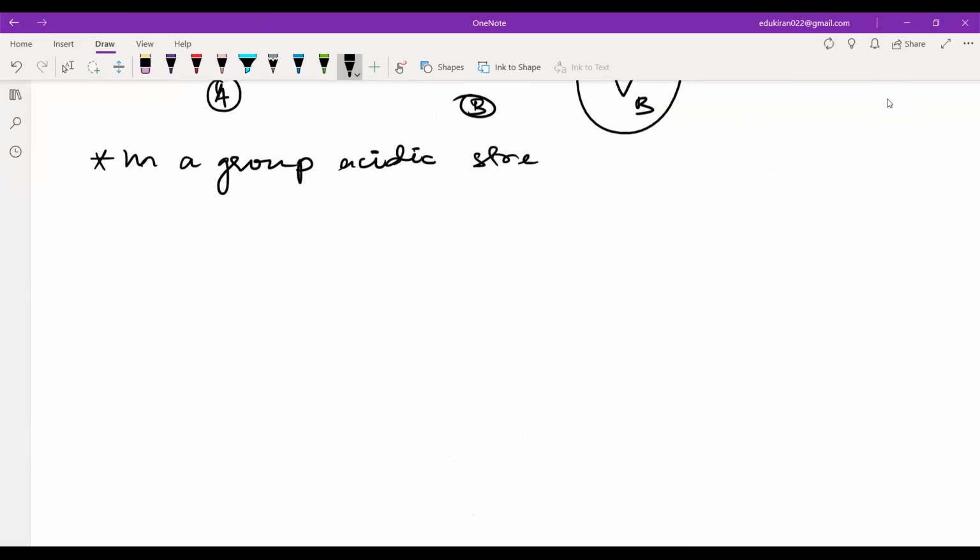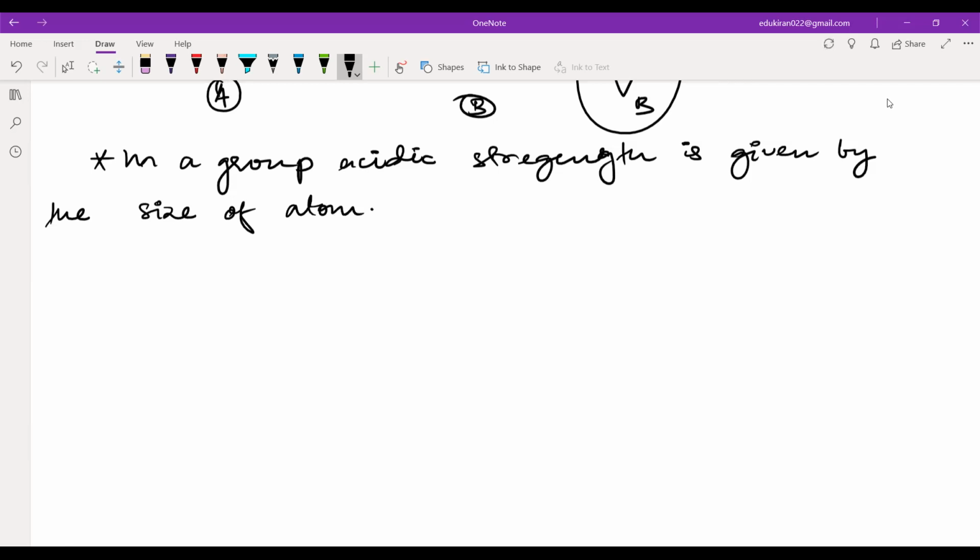acidic strength is given by the size of the atom. Okay, now if the size is greater, then you will be having higher stability. So if I compare HF, this has the most, wait a second, stability of conjugate base.